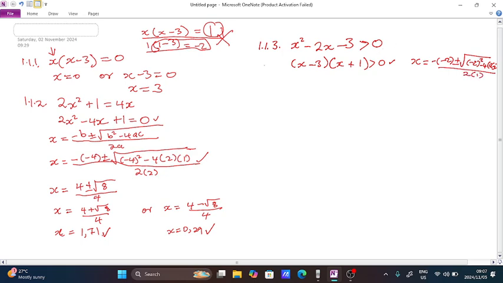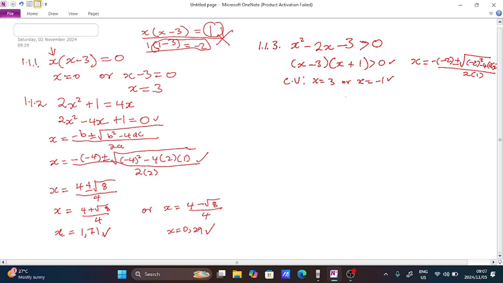So we get a tick for that. Now for the critical values, of course we'll get x equals 3 or x equals negative 1. That is your critical values.